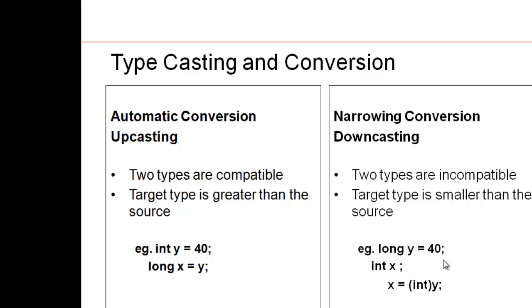So I want to convert y into type int. So I have added int in front of that variable y. To what data type you want to convert, that data type must be added in front of the variable. So I want to convert y into int. So I have added this int in front of y. This is called as downcasting.